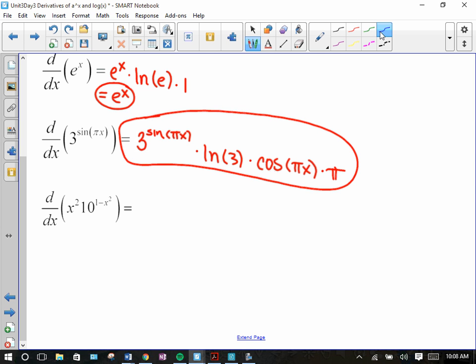Look at this one. x squared times 10 to the 1 minus x squared power. So this one has product rule in it. So it's going to be u times dv. We have to take the derivative of 10 to the 1 minus x squared power.